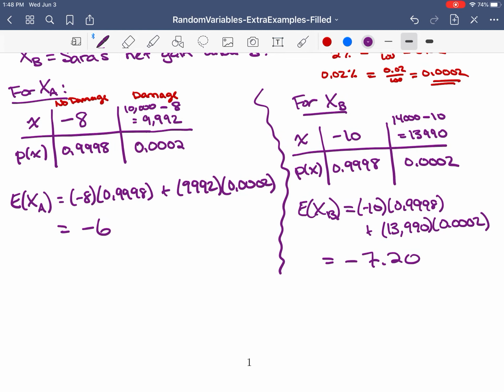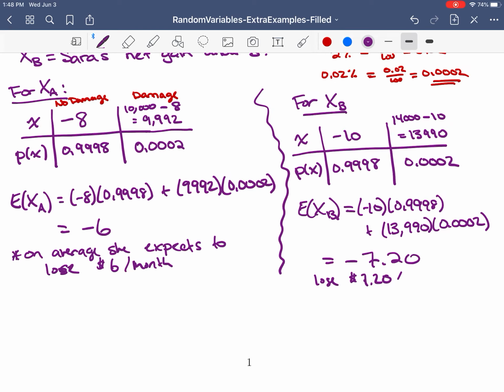Okay, so in A, on average, she expects to lose, because it's negative, $6 a month. Okay, but over here in XB, she should expect to lose $7.20 per month.